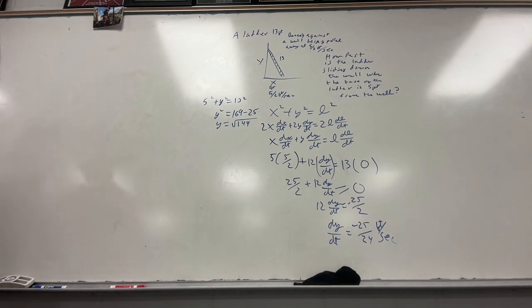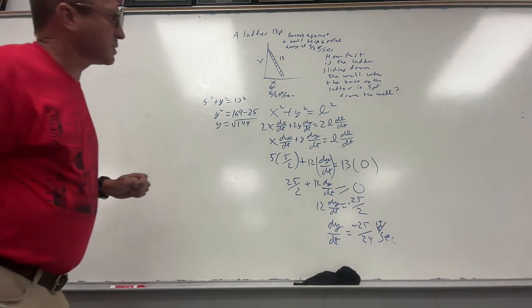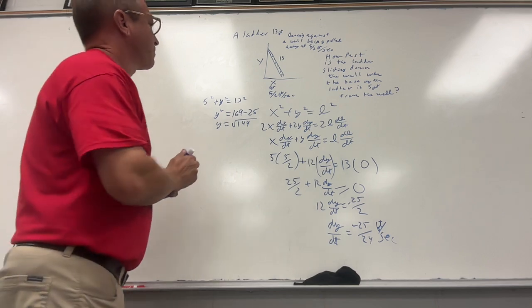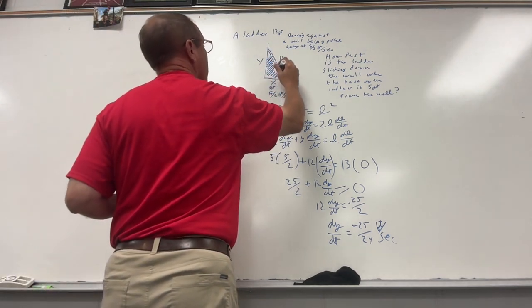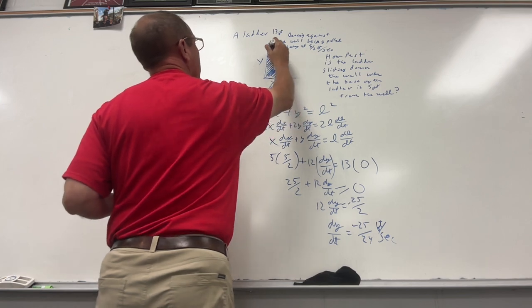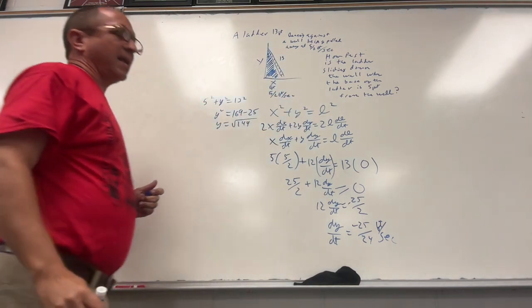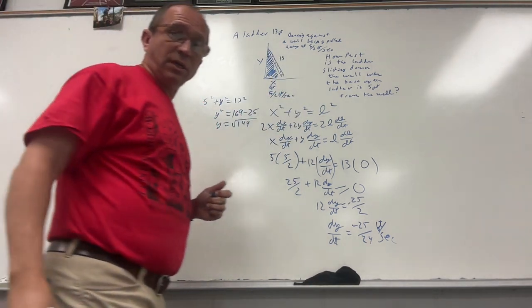Now, there are a couple of other things that we can talk about as far as the ladder problem is concerned. We can also take this exact scenario here and talk about the area that's formed in here, and consider at what rate that area of the triangle is changing.